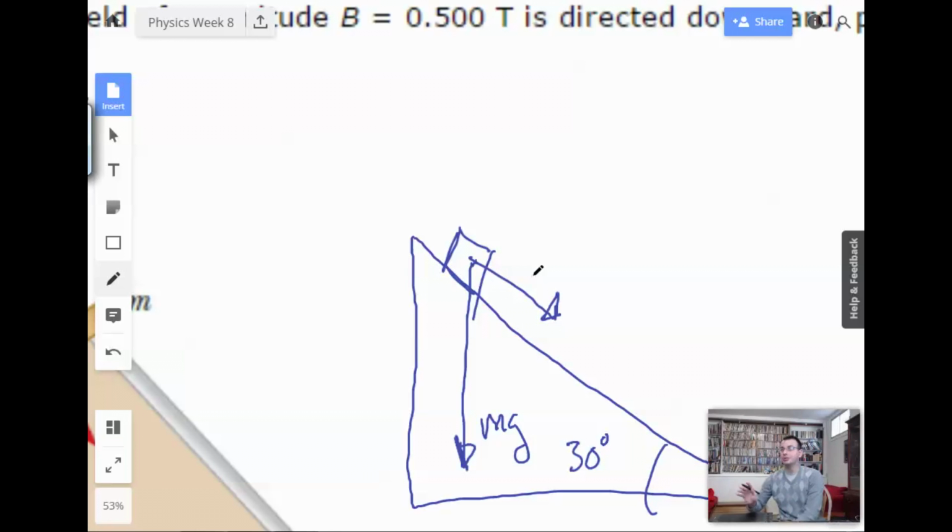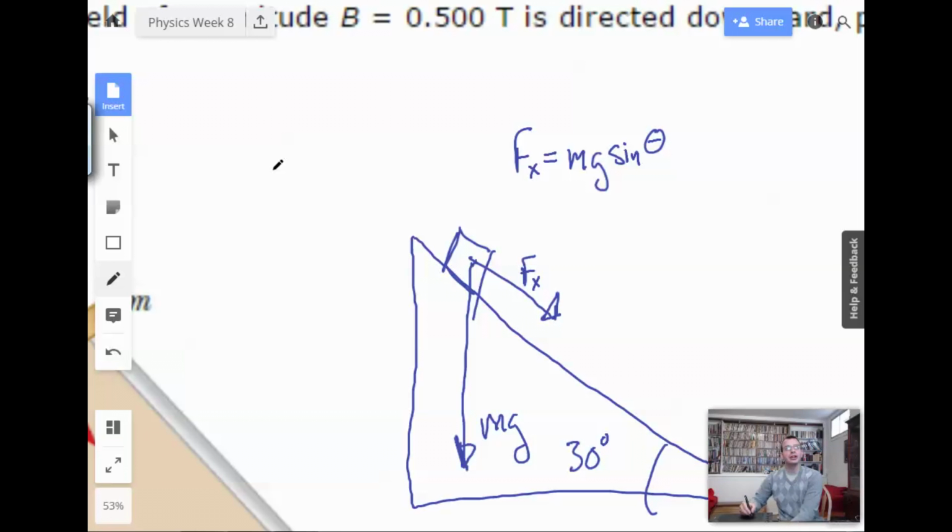You can do the geometry and decompose the vector, but you don't have time for that. So I'm going to call this force x. Force x equals mg sine theta. Whenever you have the angle down here, the force going down this way is mg sine theta.